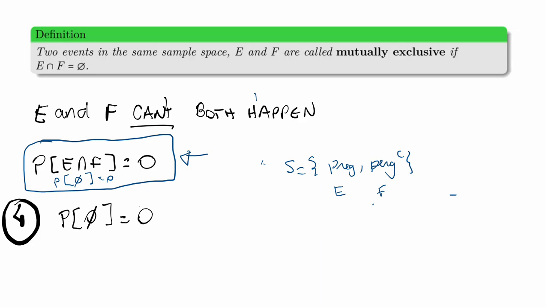So these are events that are disjoint, or mutually exclusive. Now this is a too easy example, right? There are situations where we have to reason through the problem to check if the events can happen at the same time. Okay?